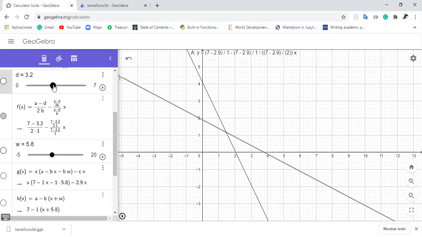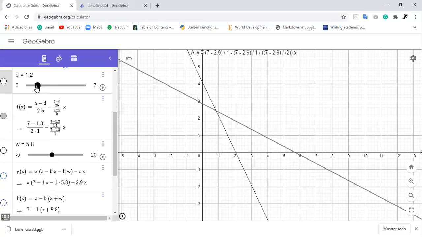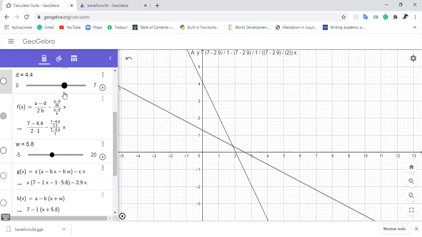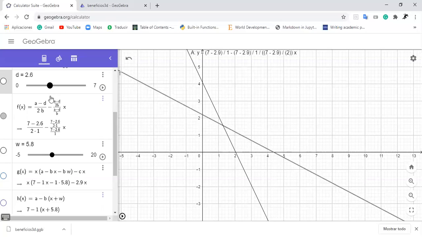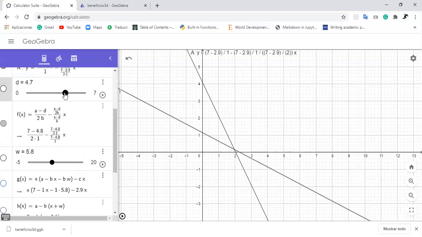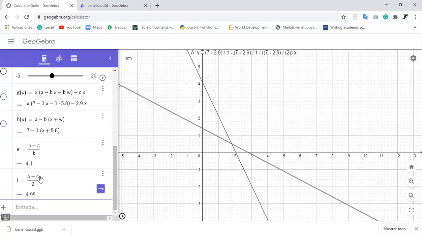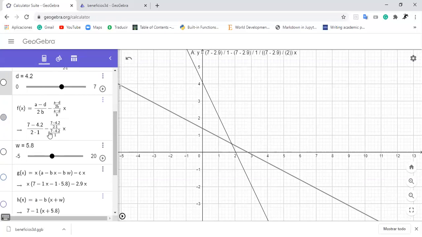Let me reduce even more these costs. If we fix this cost at a level of 2, again, we have a Nash equilibrium in this positive section, and the same if we continue reducing, okay? So where the Nash equilibrium is going to be localized depends on whether this cost of firm number 2 is lower than this bound, 4.95.